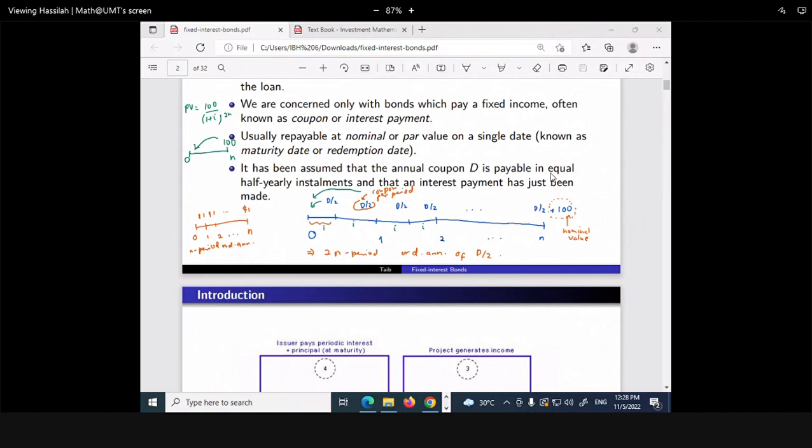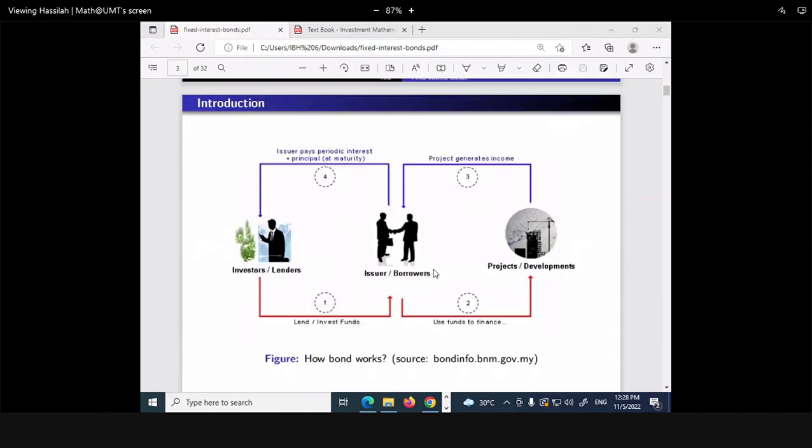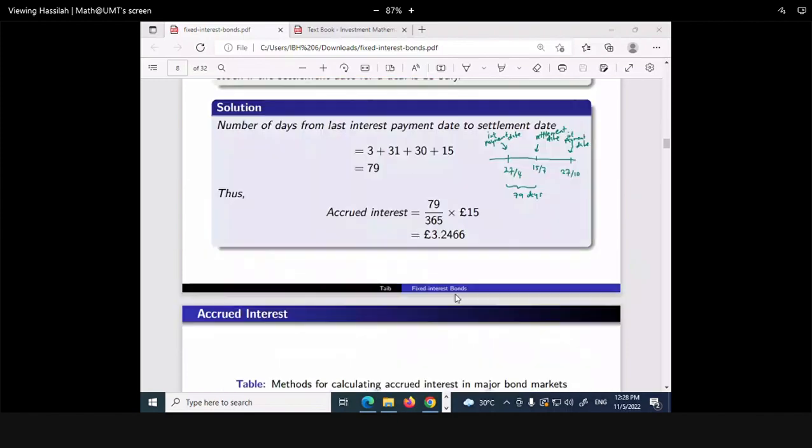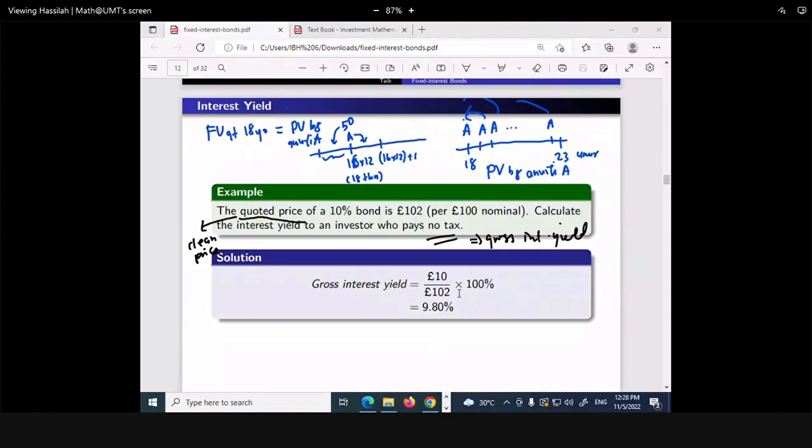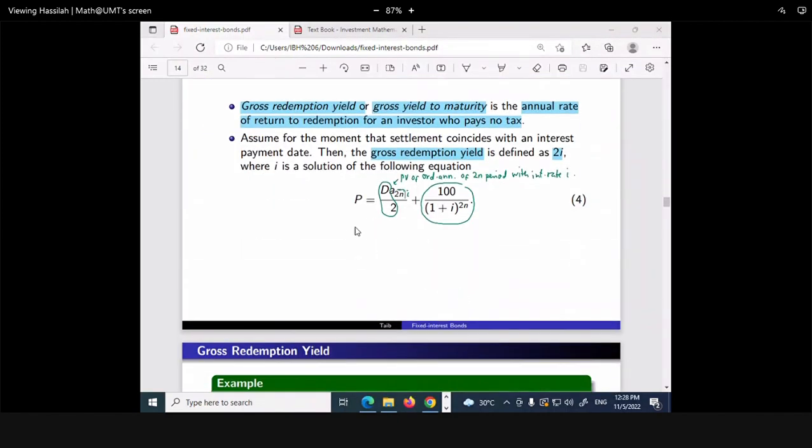Okay, so kalau you lihat pada formulation, macam mana kita value bond, you dah tahu kan macam mana formula untuk bond? Macam mana untuk tentukan value bagi bond? Kita kena gunakan formula yang ni tadi. This is a formula. Macam mana kita dapat formula ni? Daripada timeline tadi.